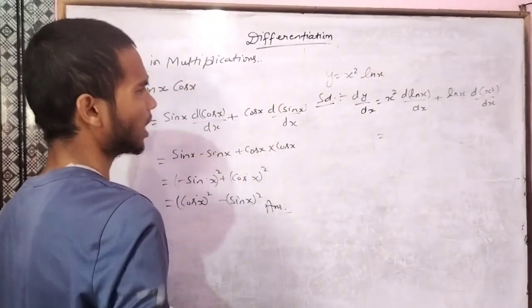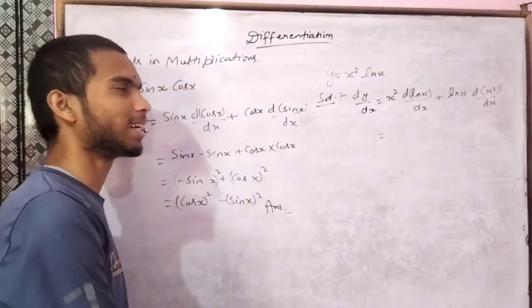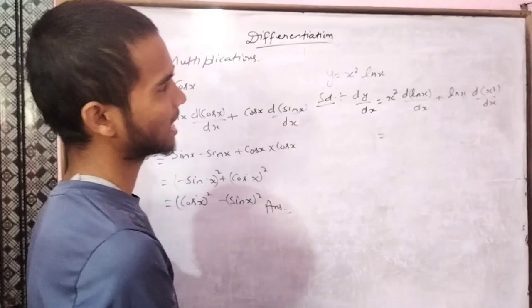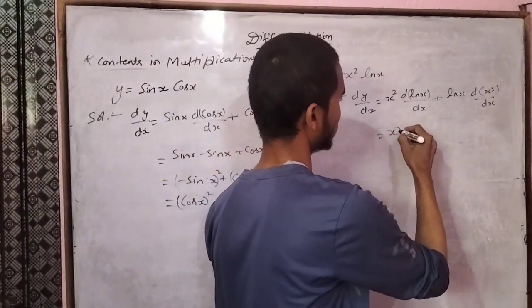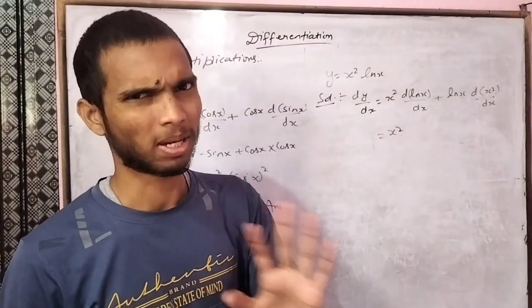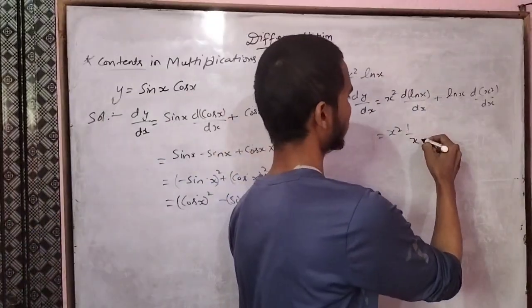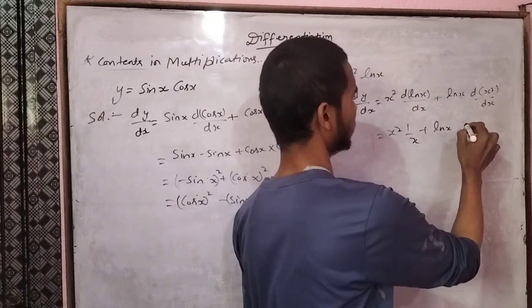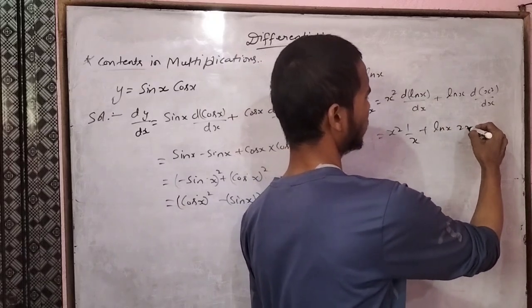Till here, I hope you are already crystal clear. So x square, 1 by x, as it is, and 2x.